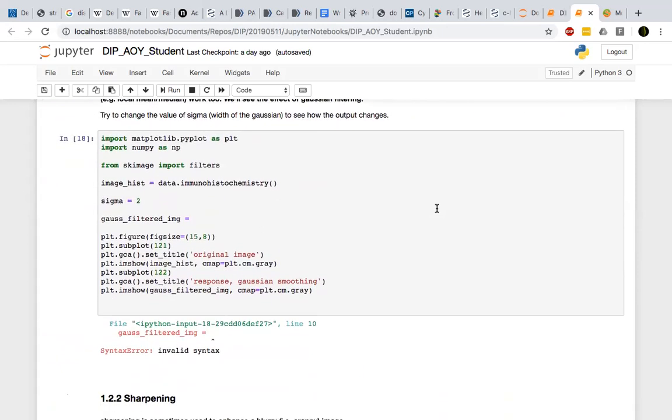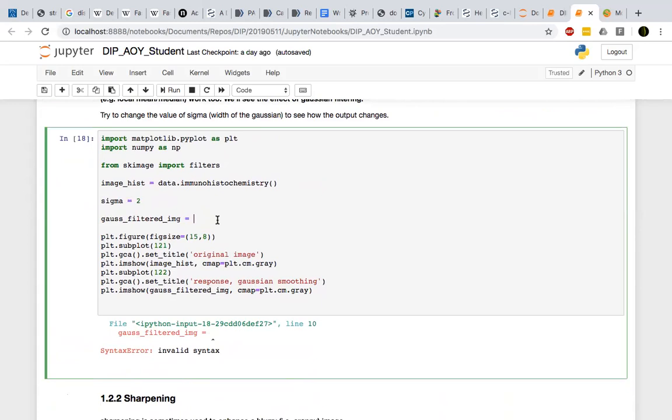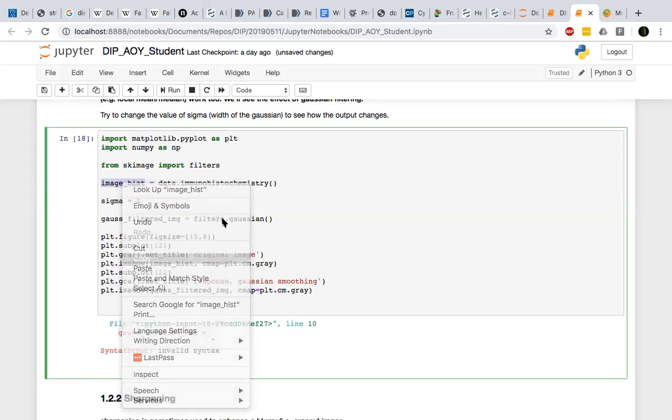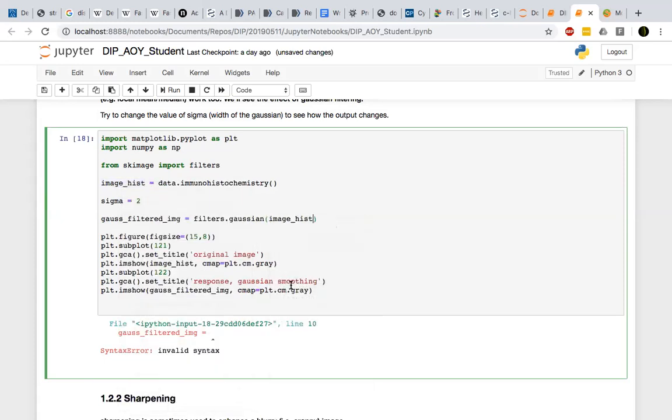Okay, so as always, the first thing we wanted to do is some Gaussian filtering. It's going to come up eventually. So for Gaussian filtering, we're going to use filters.gaussian. We're going to filter our image, image hist, with sigma equals sigma.